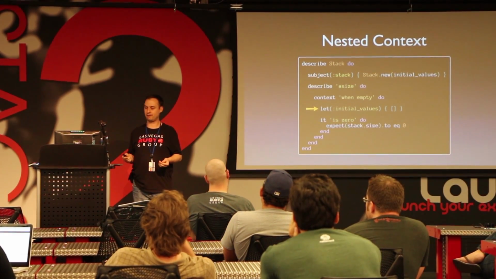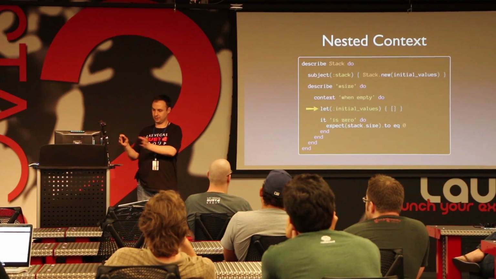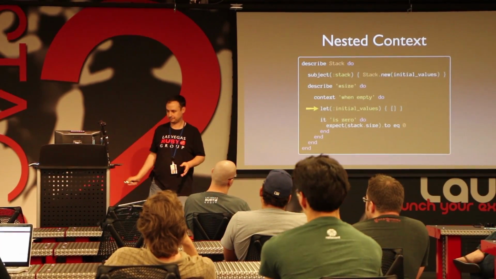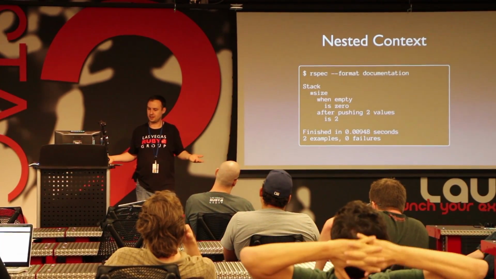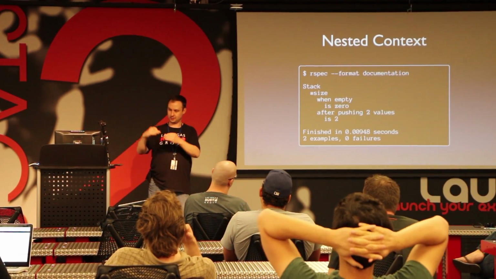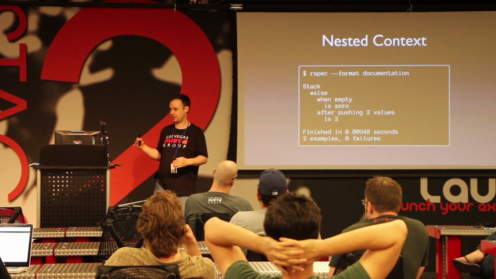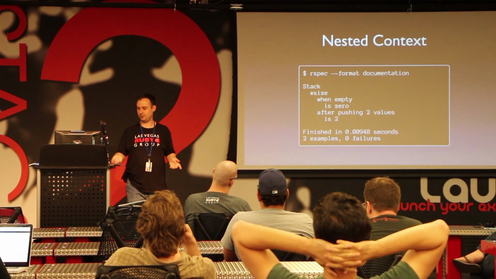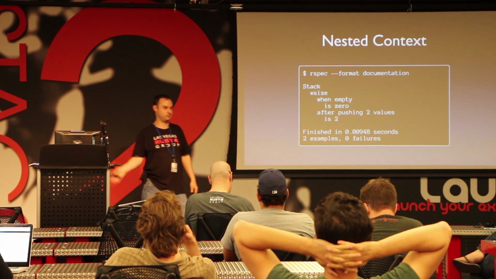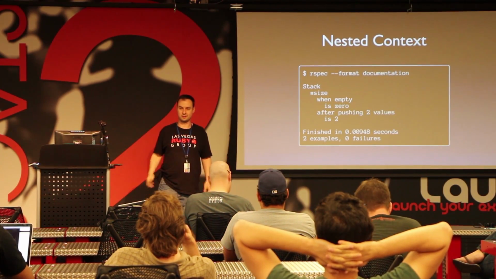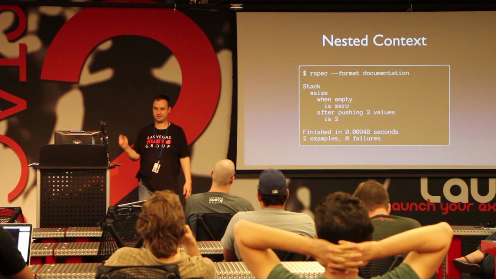And then down here we have our let with our initial values to indicate an empty stack. And then when you run with nested context, it organizes your output by this context. In this case, this is actually showing another context called after pushing two values, which you didn't see on the slide because you don't want to fit so much code on the slide.